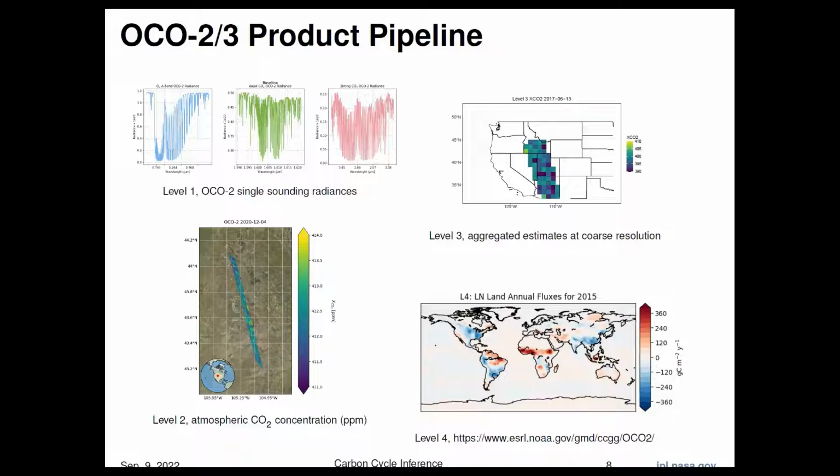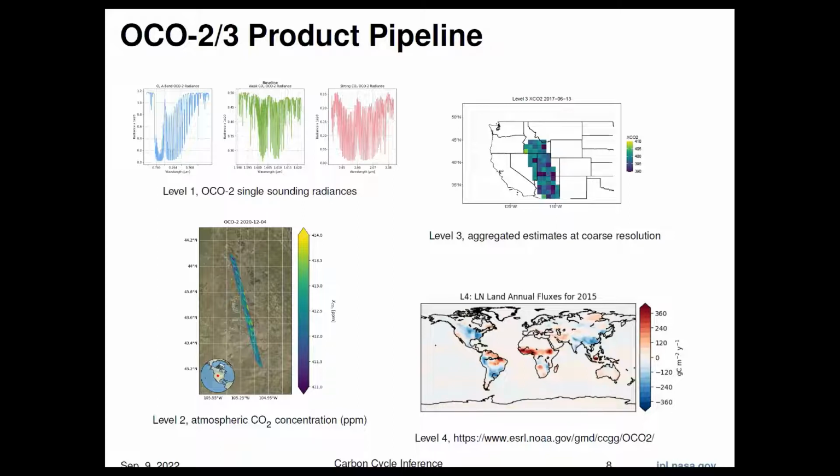The second question was, what are we actually trying to estimate in that column, or that vertical path from the ground to the satellite, in terms of CO2? What I'm showing here is something called XCO2, which is a column average concentration of CO2 along that path that you asked about, and that's the primary quantity of interest for these missions.